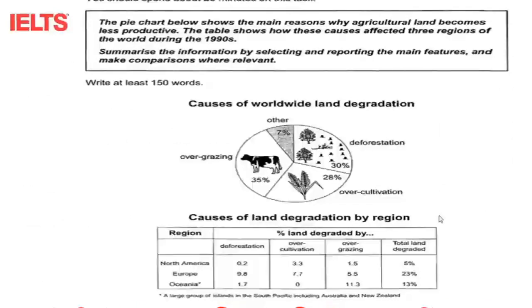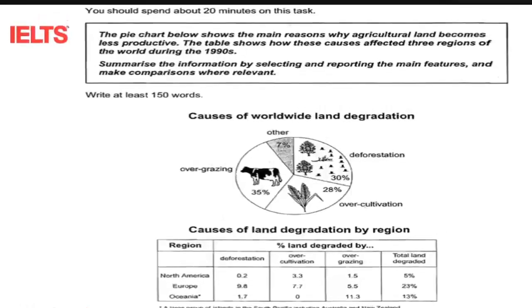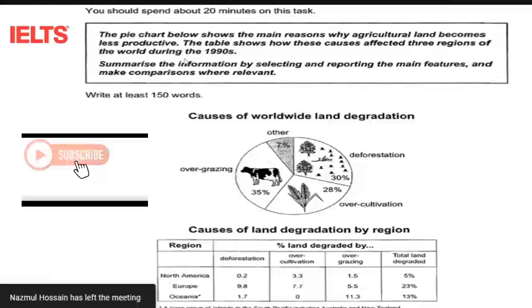And as you see, the question will basically look like this: 20 minutes, and the pie chart below shows the main reasons why agricultural land becomes less productive. The table shows how these causes affected 3 regions of the world during the 1990s. Summarize the information by selecting and reporting the main features and make comparisons where relevant.